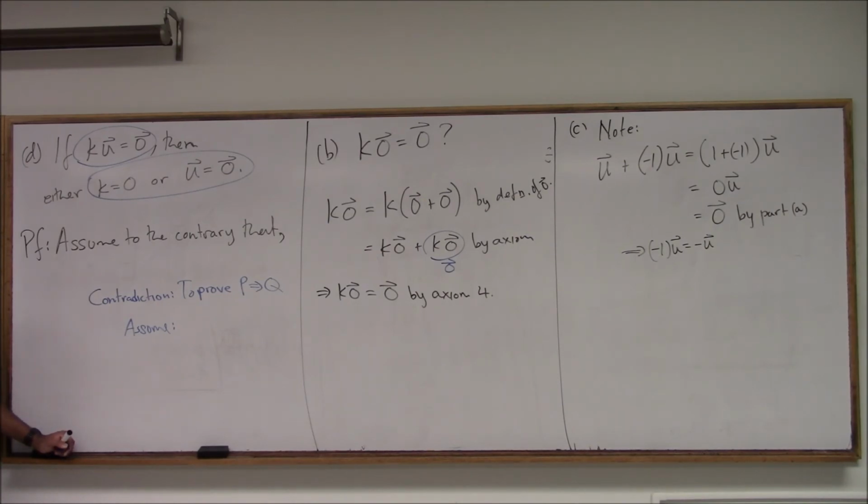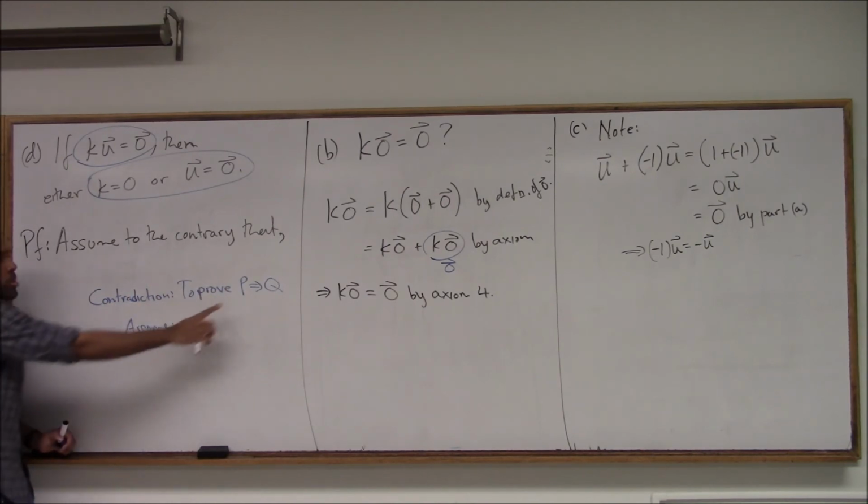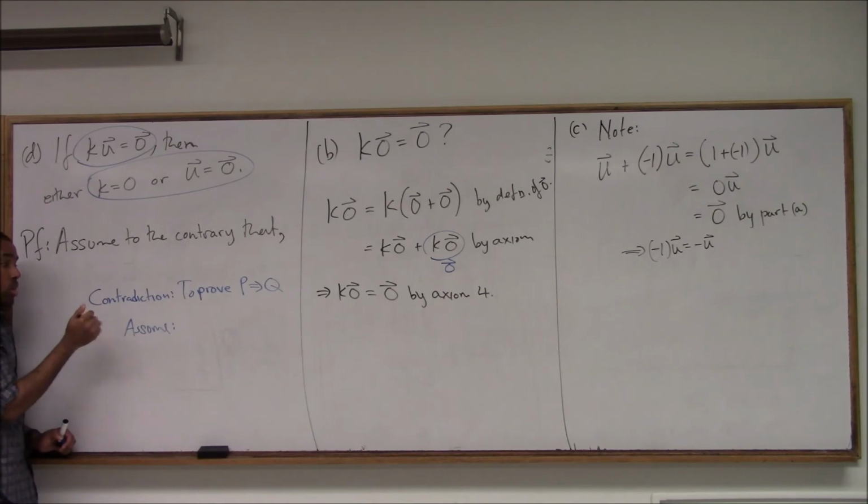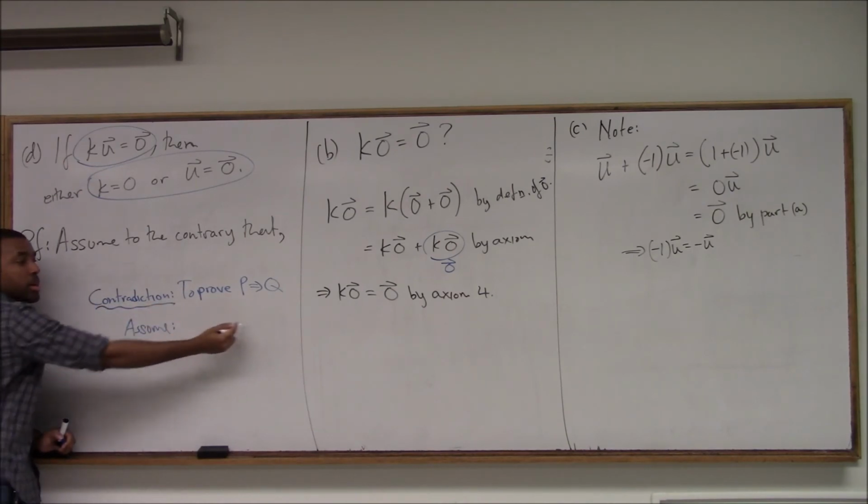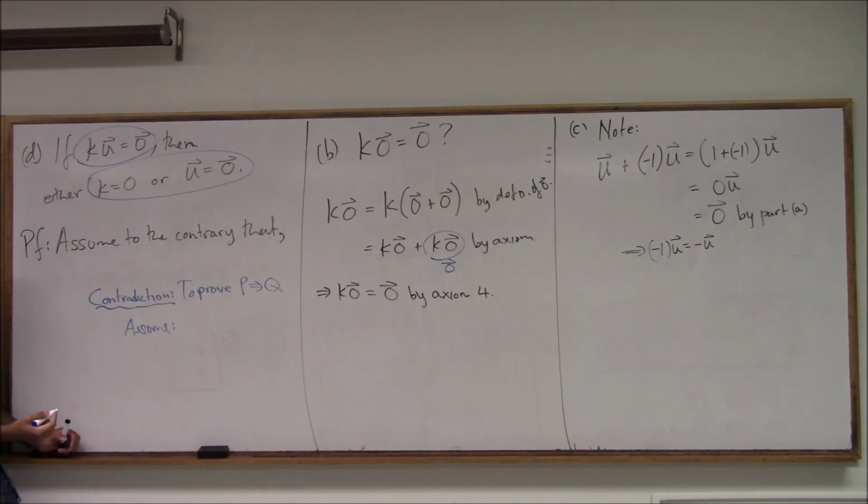No, tell me the general principle. If I want to prove P implies Q and I want to do contradiction, what is my assumption? Where do I start? Not P implies Q?